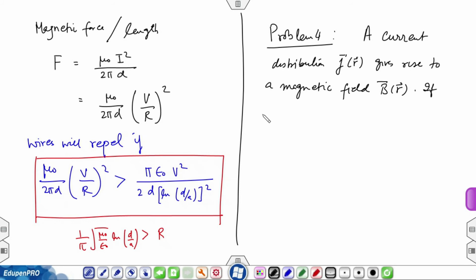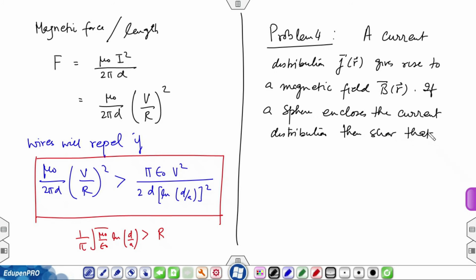If a sphere encloses the current distribution, then show that the integral of B over the sphere is equal to 2/3 mu 0 m, where m is the magnetic dipole moment corresponding to this current distribution.